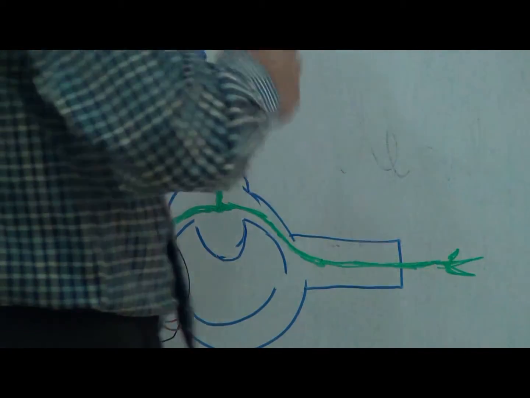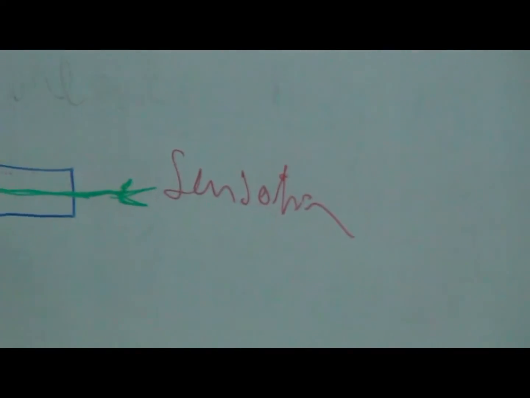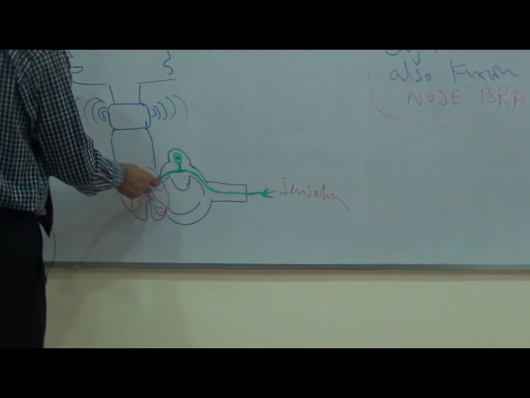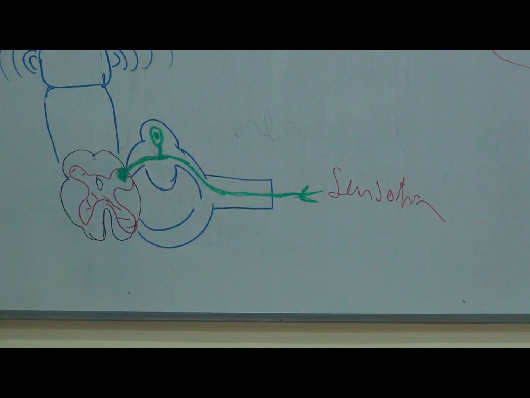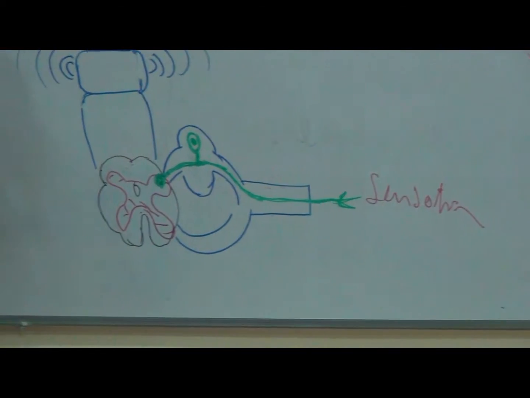So various sensations from the different parts of the body reach the posterior horn of the spinal cord, which is sensory in function. Anterior horn is motor.